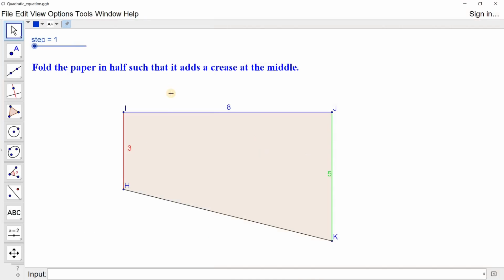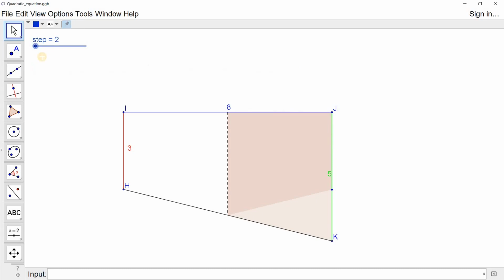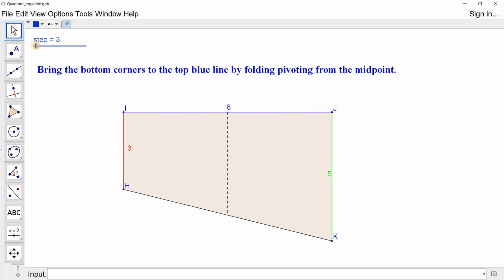At first we fold the paper in half as usual. So then this will give a crease like this. Then we unfold the paper. Then we bring the bottom corners to touch the blue line and also touching the middle crease simultaneously.